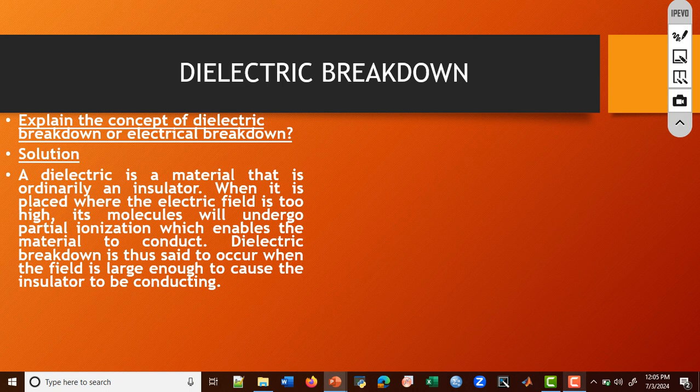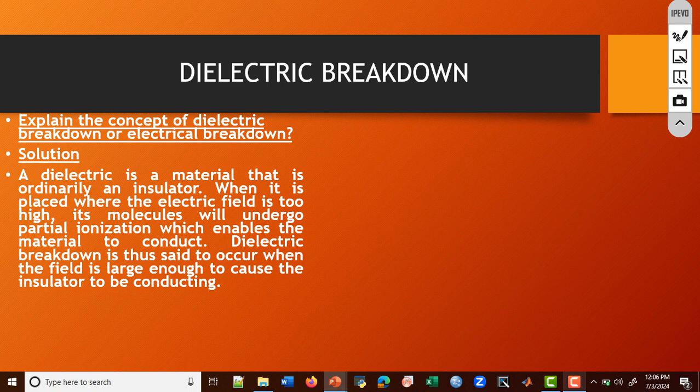When it is placed where the electric field is too high, the molecules will undergo partial ionization, which enables the material to conduct. So dielectric breakdown is said to occur when the field is large enough to cause the insulator to become conducting. We had talked about dielectric strength of an insulator.